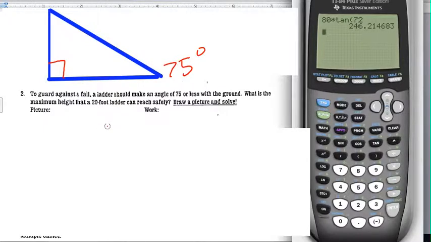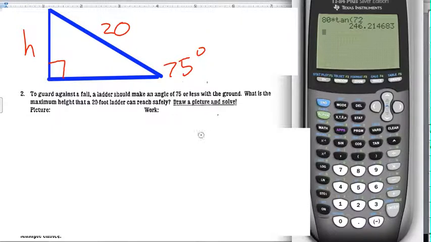So the ladder is 20 feet. If you think about what a ladder would look like, this is the ground, this is the wall, and this is the ladder leaning against the wall. So if the ladder is 20 feet, we know that that's 20. And then when it says maximum height, height means straight up and down. So find the maximum height means find this side of the triangle.